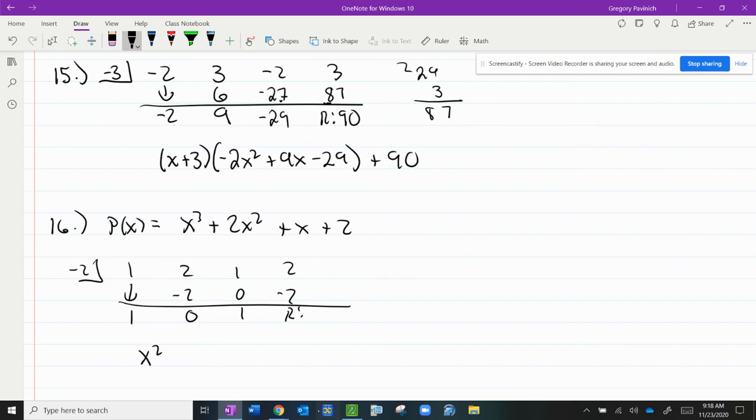This is x squared plus 1 and 2. So that's one way to write it.